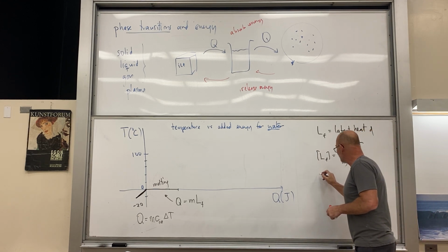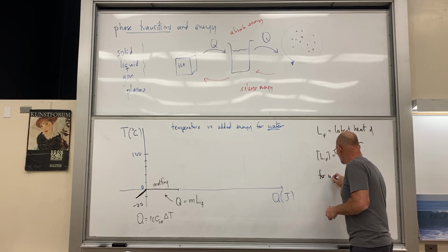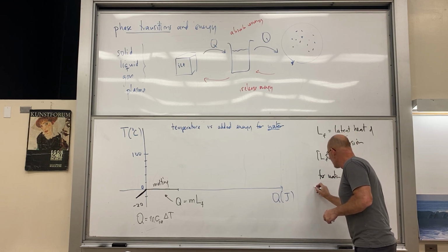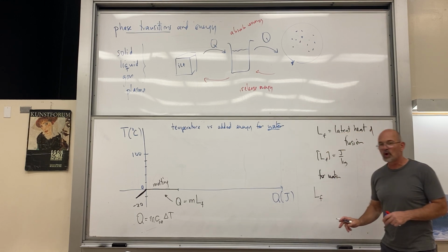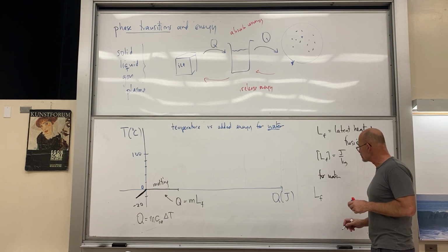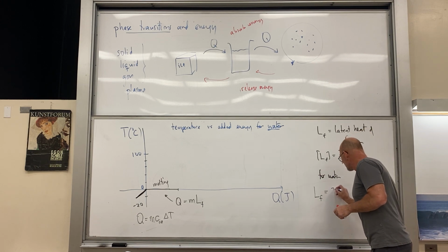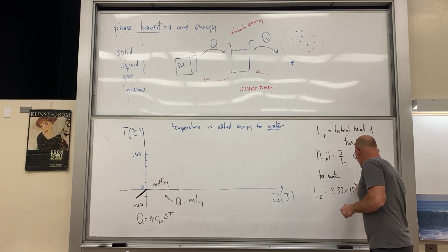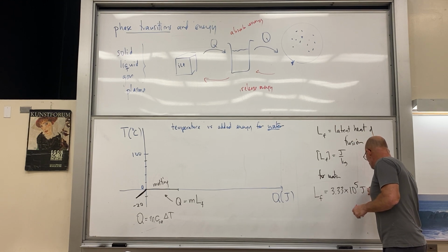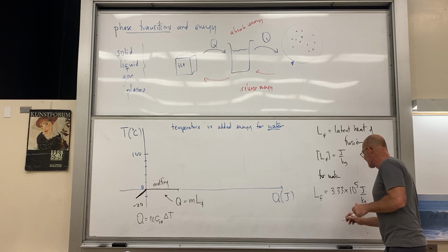And L sub F for water, you can look this up. In fact, you can get a whole table of latent heats of fusion. For water, it is 3.33 times 10 to the 5 joules per kilogram.